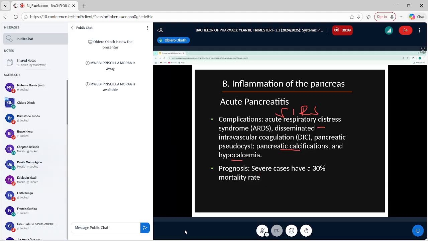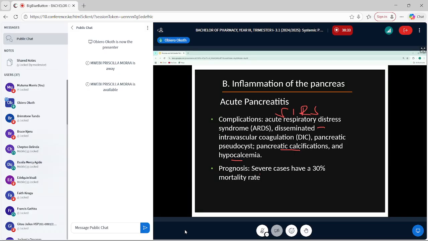So it's very severe, and typically the presentation that you're going to see is these guys went out and then they went drinking. Then the following 2 days, this guy is very sick, this guy is worsening.